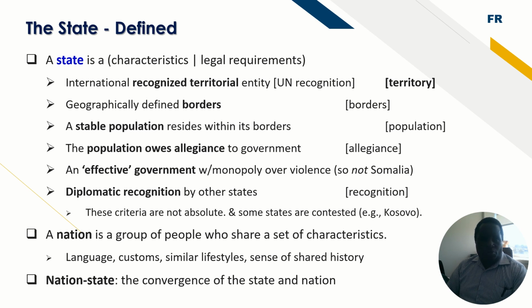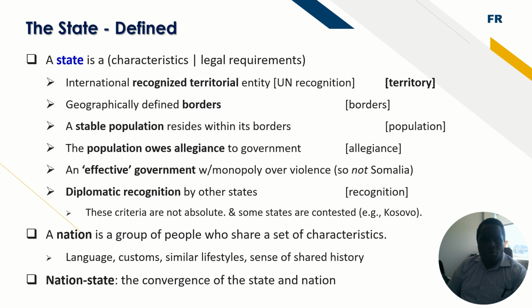That territory should be bounded by borders, a stable population that normally resides within the borders, so not transient, even though states like Qatar would qualify as a state, even though about 70% of the population is transient. The population owes allegiance to the government of the day, and the government so constituted is actually effective. So we shall later on look at failed states and so on.